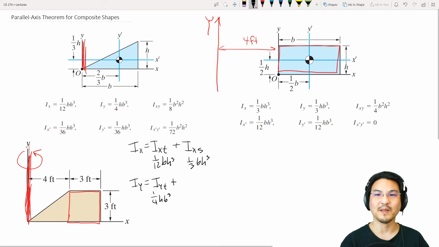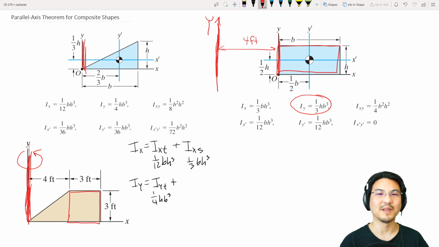Okay, so in the appendix, we know the answer here. So we can move to here, but here is where I have to point out, you have to be careful. The parallel axis theorem is with respect to an axis through the centroid. So in the y direction, we don't want to go from here to here.